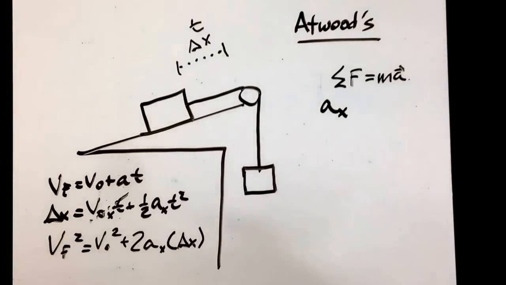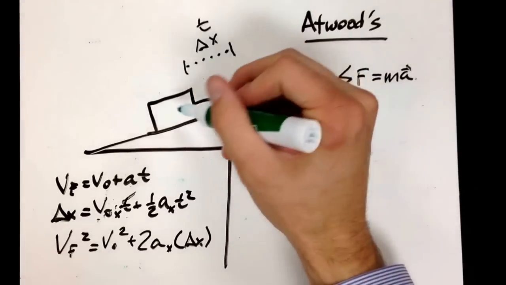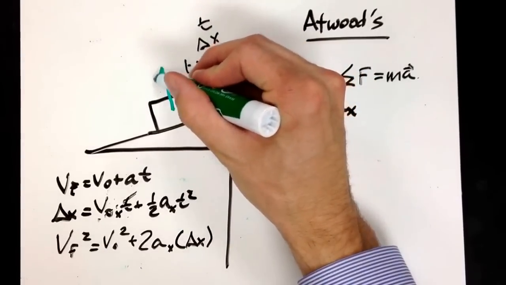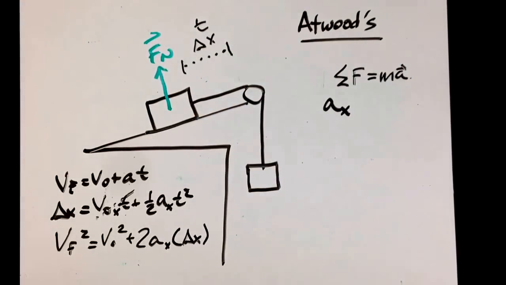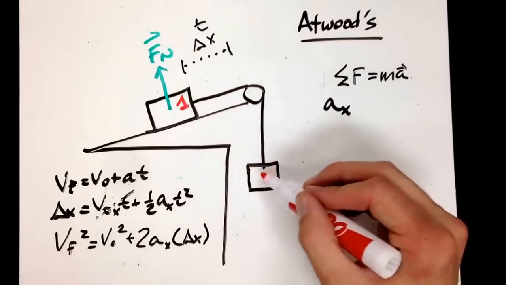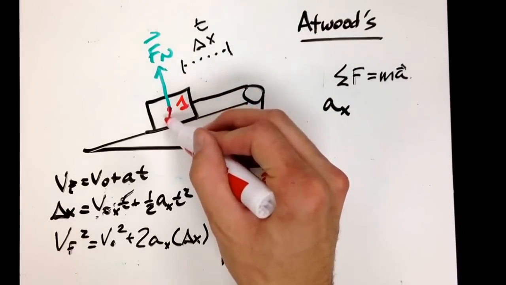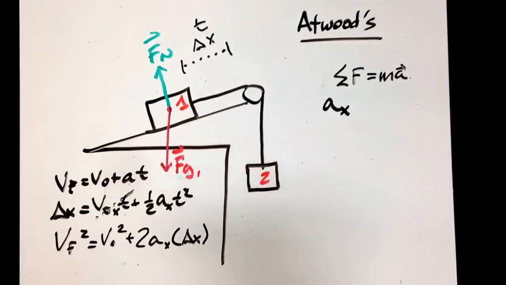Well, what is the x direction? Well, if I do a free body diagram for this block, I'm going to have normal force coming off perpendicular to my surface. Then I'm going to have my weight vector. And if I call this block 1 and this block 2, I've got my weight vector coming straight down, Fg1.